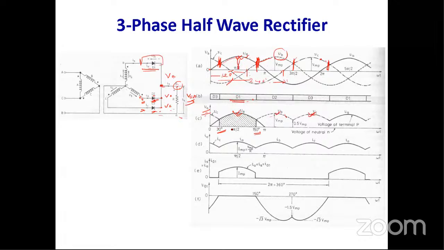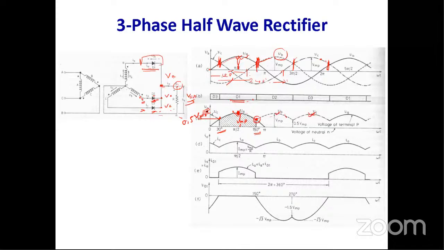So the output voltage varies from this maximum voltage up to this voltage. If you consider this is the maximum phase voltage, then that portion is equal to 0.5 of the maximum voltage. So the output voltage varies between the maximum phase voltage and 50% of the phase voltage.